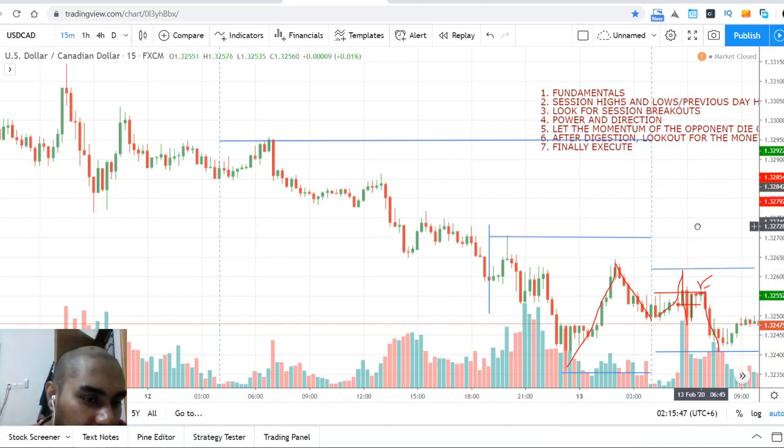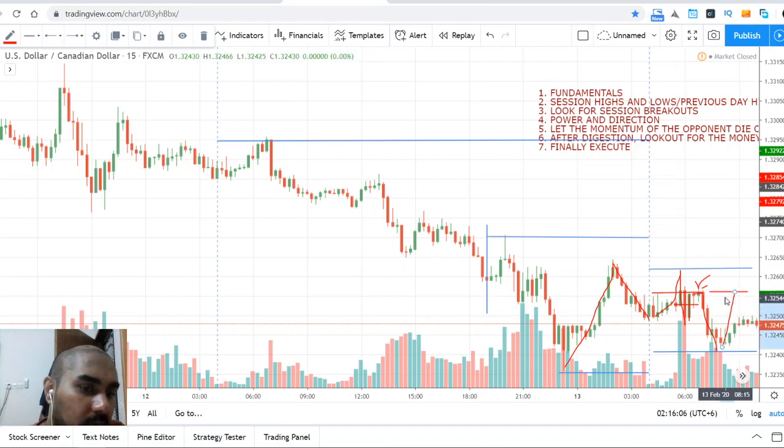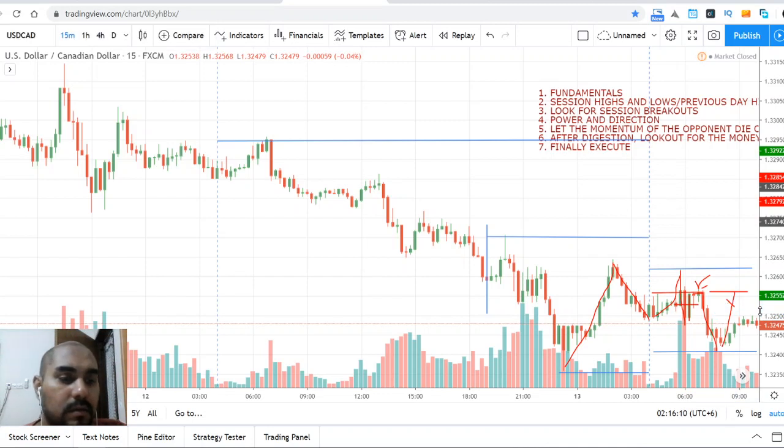Okay, the next candle, it's holding here. After this move is done, the buyers try to come back, but they can't go. The prices don't go back up. This doesn't happen.